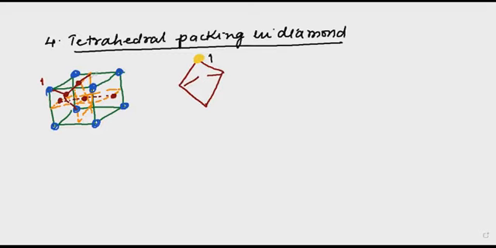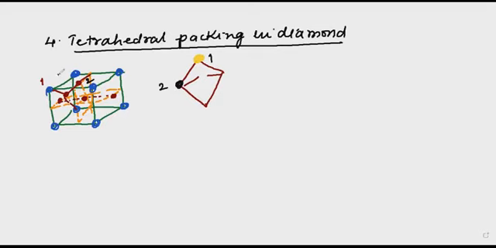And we name this 2, so 2 is present in that place.